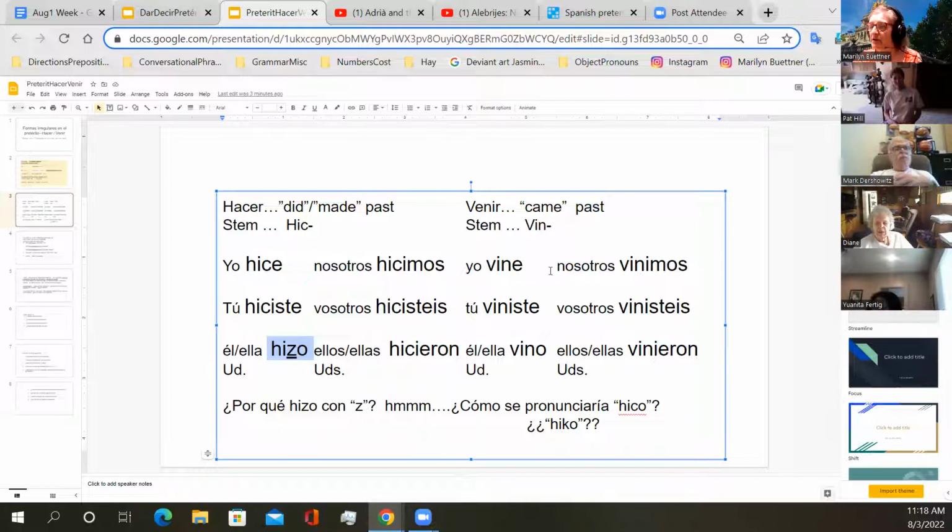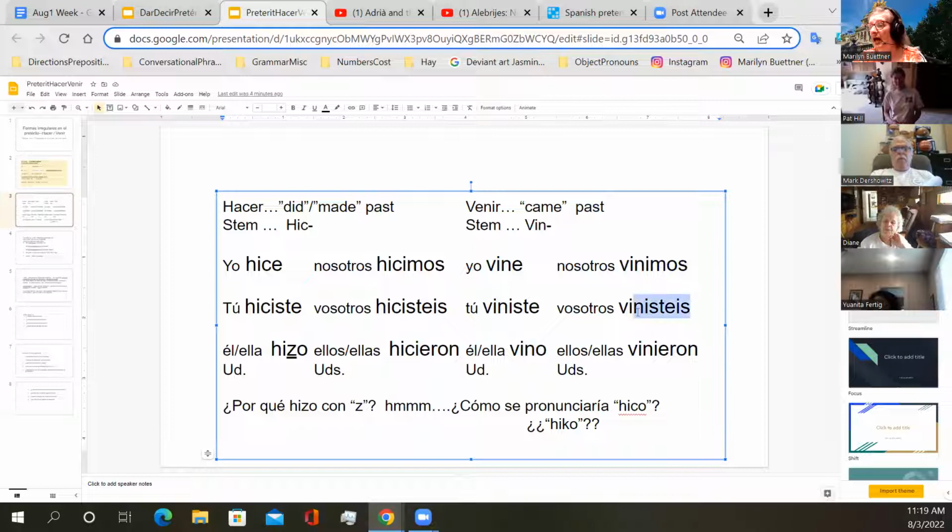Let's look at venir, which is a little more consistent, so it's easier. Vine, I came to a place. Viniste, you came to a place. Vino, which looks just like the word for wine, it's spelled the same. El vino is wine, a thing, but vino as a verb in context is he came or she came, or the formal you, usted, came.